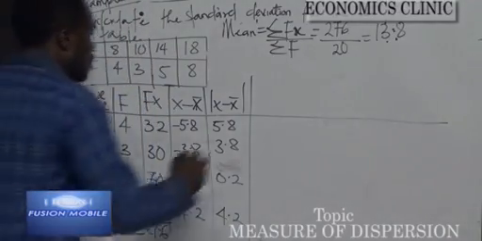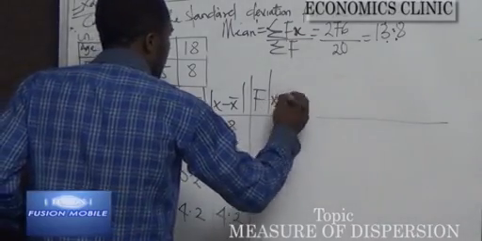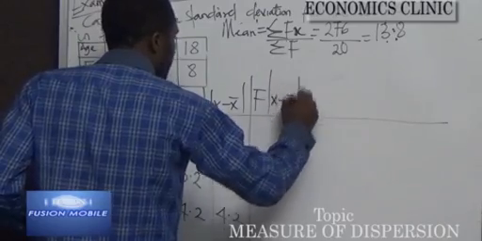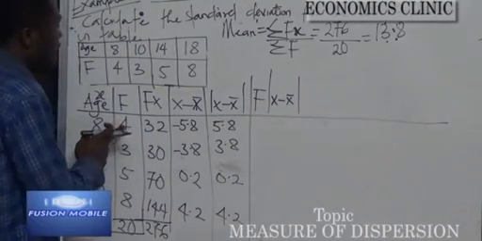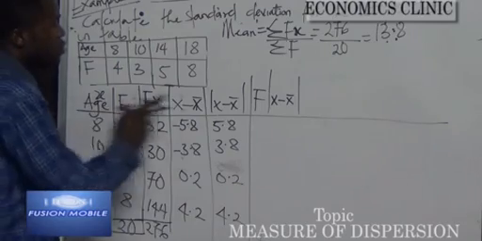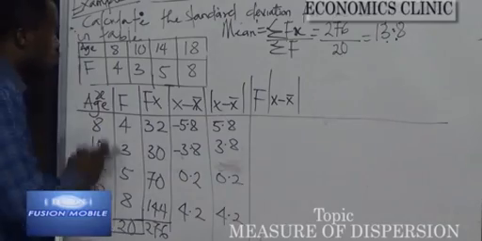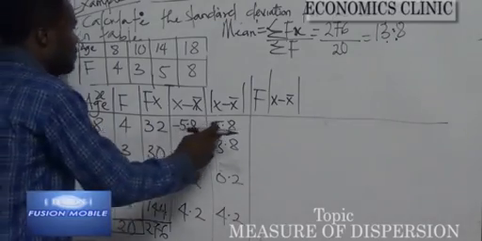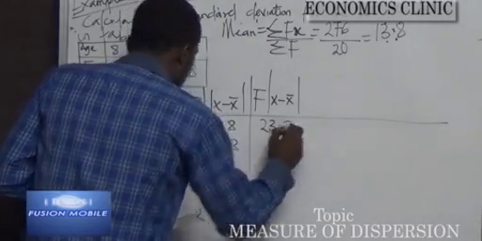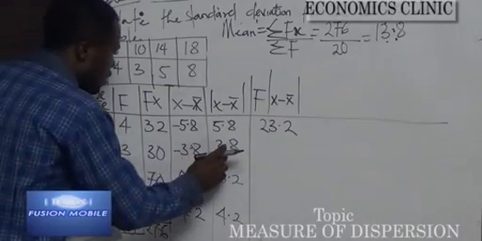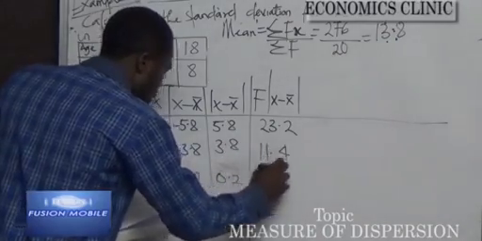Then we now solve for f modulus x minus x bar. By this, what we do here is to multiply the value of f by modulus x minus x bar. So we multiply by saying 4 times 5.8 gives us 23.2. 3 times 3.8 gives us 11.4.